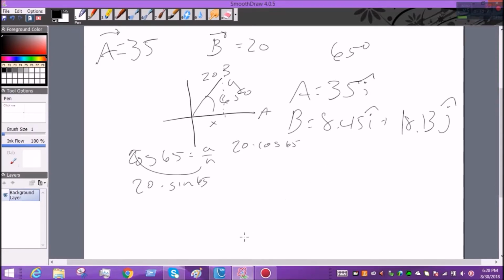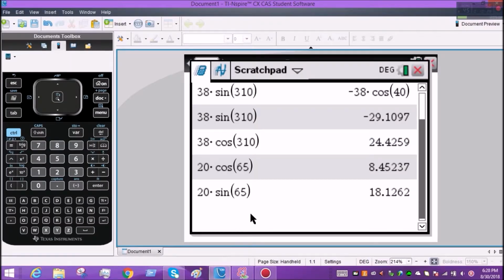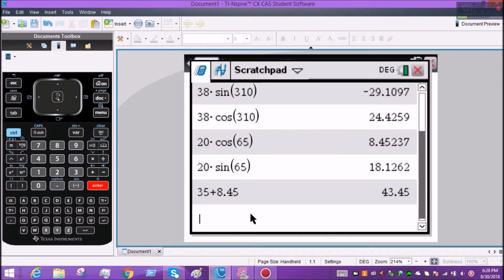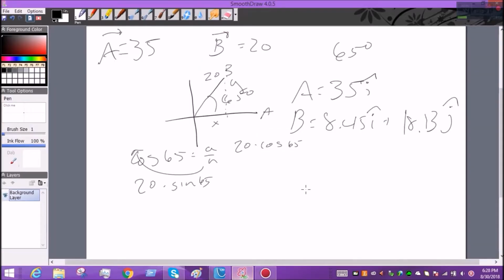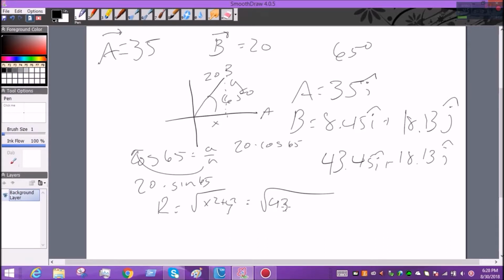Okay, and then to find the magnitude of their sum, we simply add up the x's. So 35 plus 8.45 gives us 43.45. So 43.45i plus 18.13j. And it wants to know the resultant magnitude of their sum. So the resultant is equal to the square root of x squared plus y squared. That's the square root of 43.45 squared plus 18.13 squared.